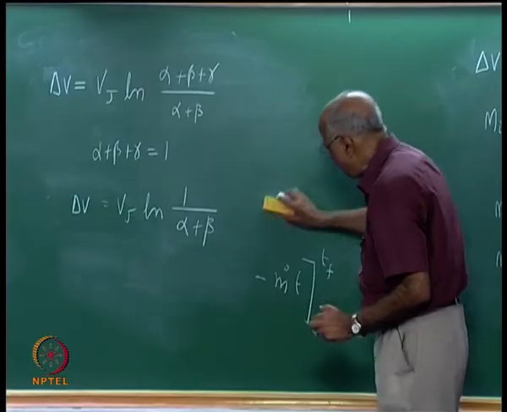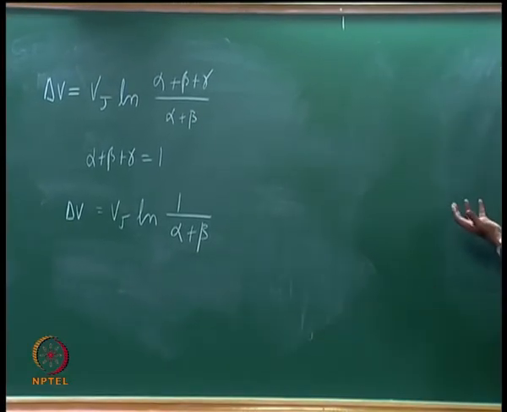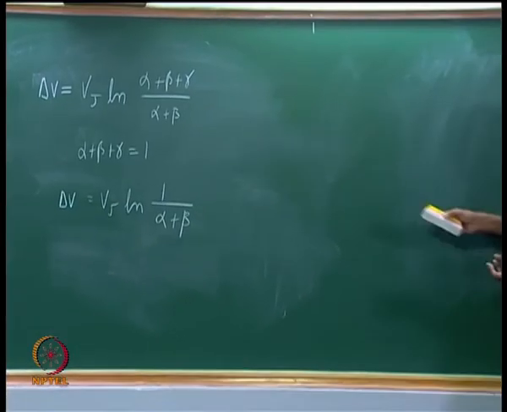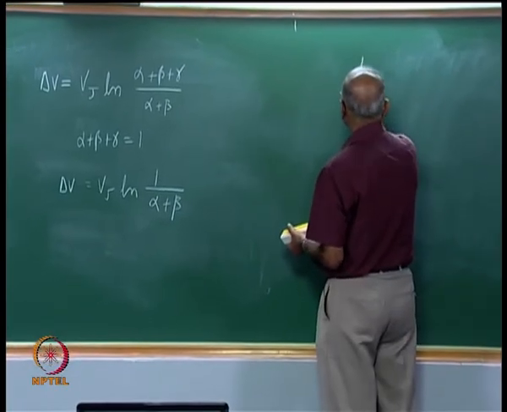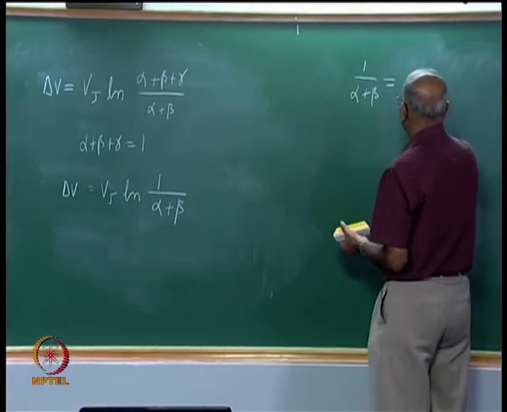Now, what is it that we want to do in a rocket? We want to have as much payload as possible. Maybe we would like the useful mass to be high. Let us say what is the fraction of the useful mass I get. Therefore, from this expression I get 1 over alpha plus beta is equal to e.